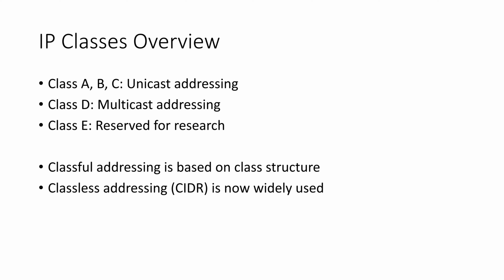This system is called classful addressing because the address itself indicates its class and how many bits are for network and host. In modern communications, though, we mostly use classless interdomain routing or CIDR, which removes the rigid class structure and allows for more flexible and dynamic IP allocation. But it's still essential to learn the classes for historical understanding.